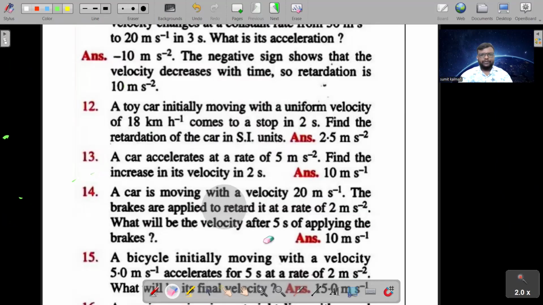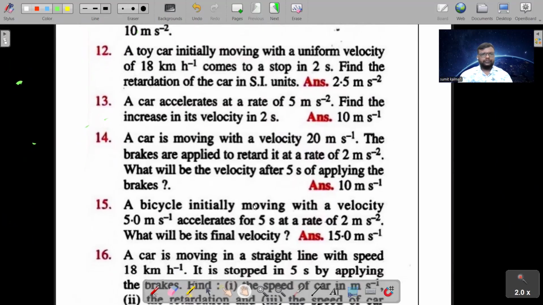Next, problem number 13. 13th is also a very good problem. A car accelerates at a rate of 5 meter per second square. Find the increase in its velocity in 2 seconds. So here friends, acceleration is equal to velocity upon time.